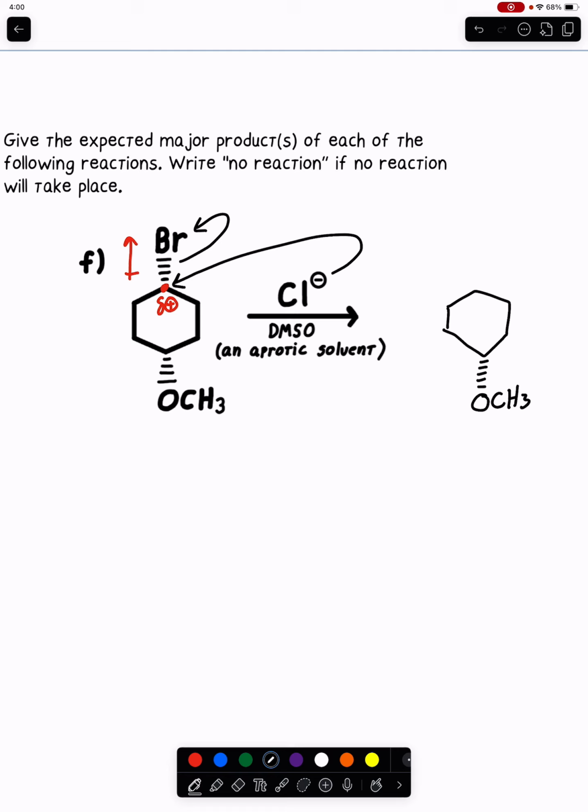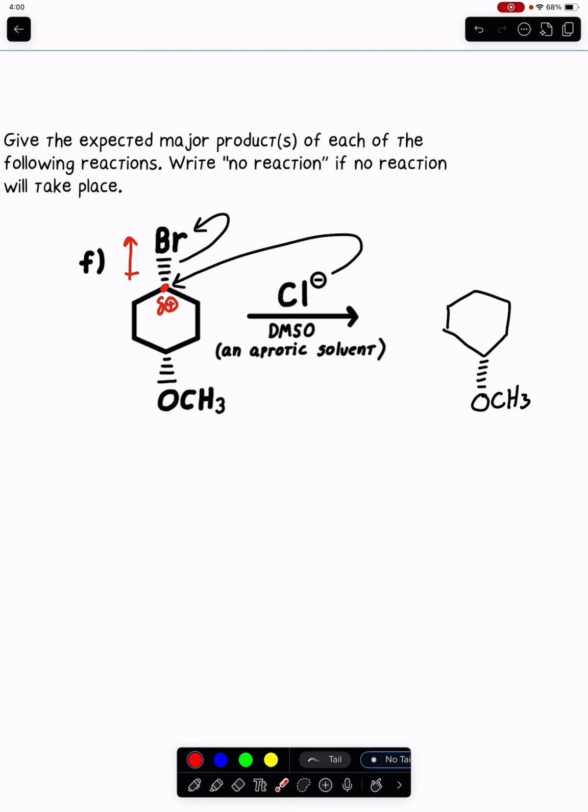The bromide is also on a dash in this starting material, so it is also going into the paper. And we know that in an SN2 reaction, that nucleophile, chloride in this case, is going to approach backside, meaning opposite side of the leaving group, which means that nucleophile is attacking that red carbon from outside of the paper.